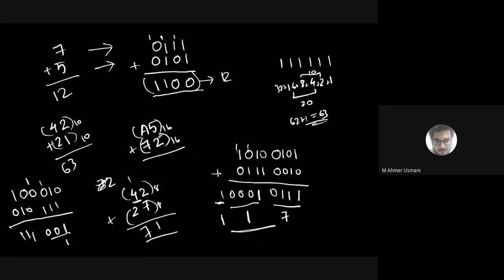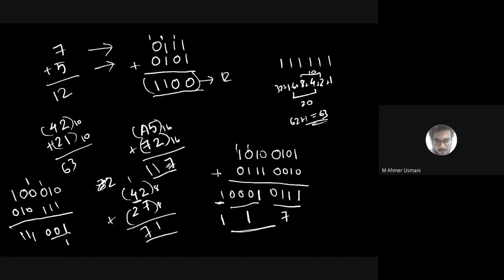सेम इज द केस ओवर हियर आल्सो. अगर आप नॉर्मल ऐड करोगे 5 + 2 क्या होता है हेक्साडेसिमल में, 5 के बाद क्या आएगा 6 और 7, तो we get 7. A के बाद क्या आएगा, A के बाद B, B के बाद C, C के बाद D, D के बाद E, E के बाद F, F के बाद 1 0 and then we get 1 1. So what we'll get as the answer, 117.